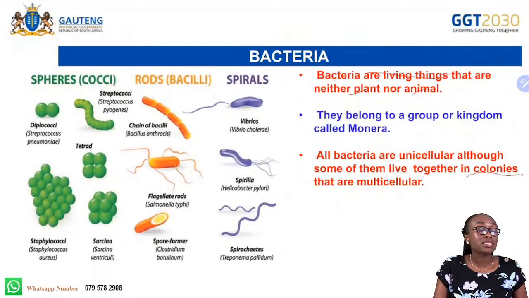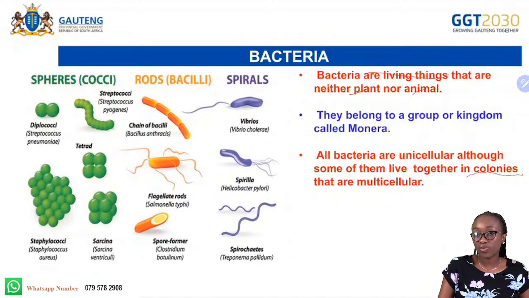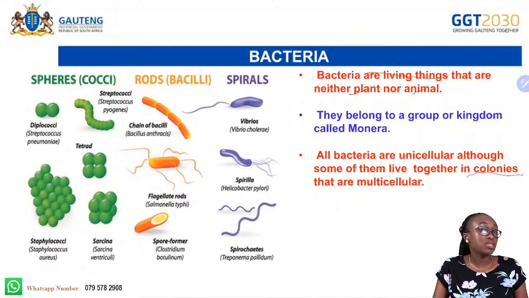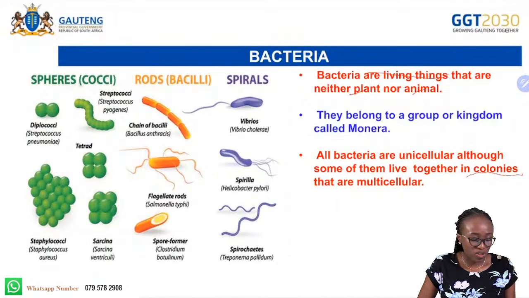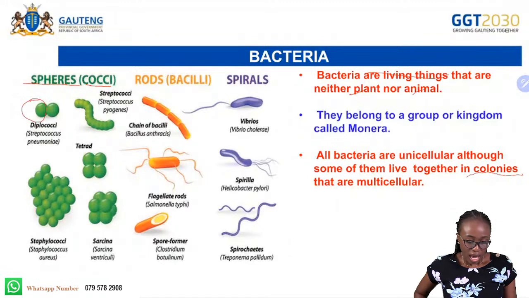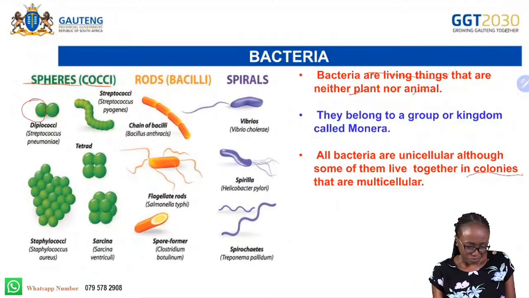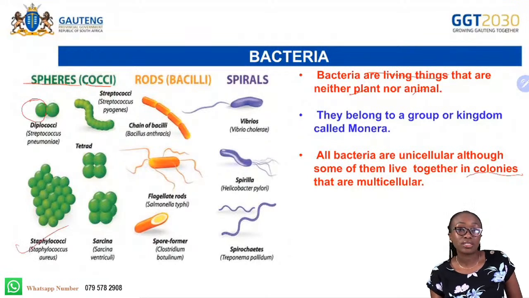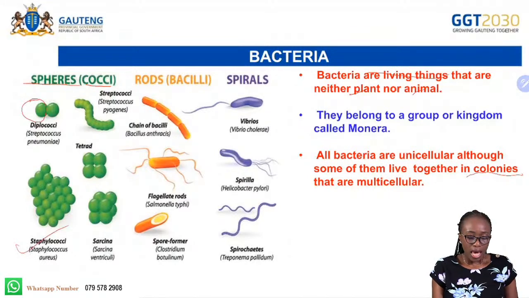Now, scientists differentiate bacteria in different ways, and one of these ways is their structure or shape. Some bacteria are called spheres or cocci because they have a spherical shape. An example of such is Staphylococcus aureus. Then some are rod-shaped. We call these the rods, the bacilli.